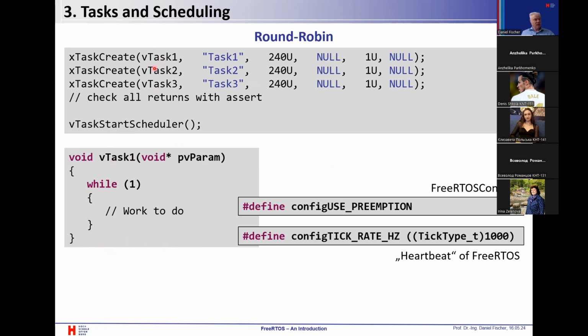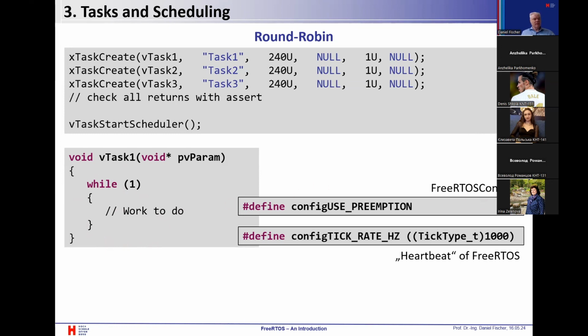You can see this task function here, and if you put the name of the function in here, it's considered as a function pointer, and then the scheduler can execute this task. Inside the task, you will see there is the typical endless loop, which we find normally in each embedded program. But here in every task function, you can find this endless while loop.